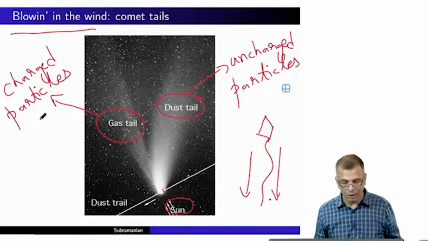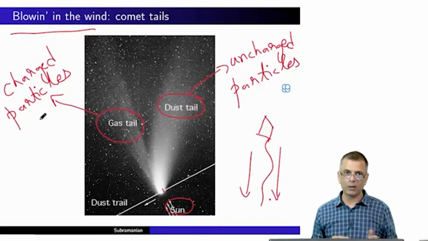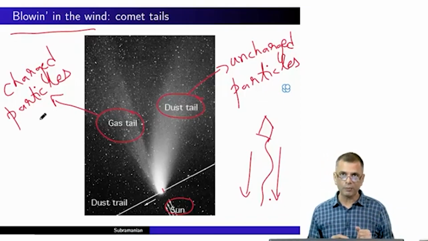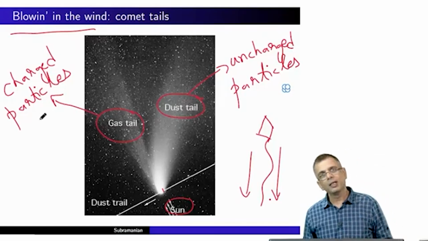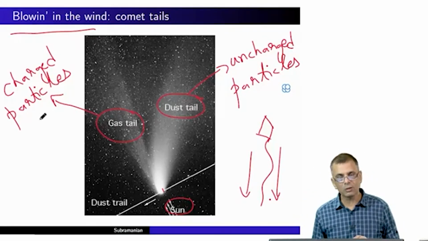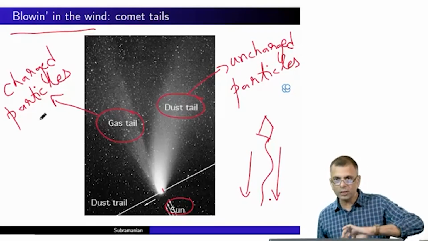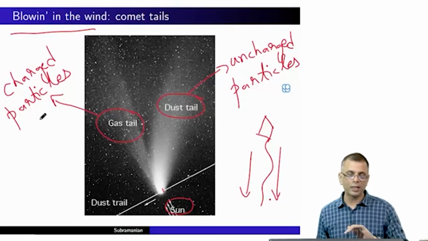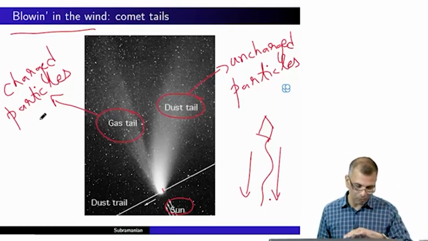Although we have not talked about magnetic fields at all so far, it turns out that the solar wind also carries, essentially combs out, the intrinsic magnetic field of the sun into a pattern.